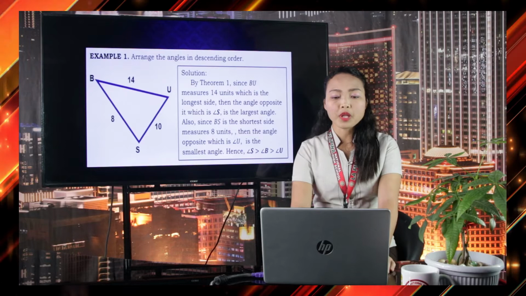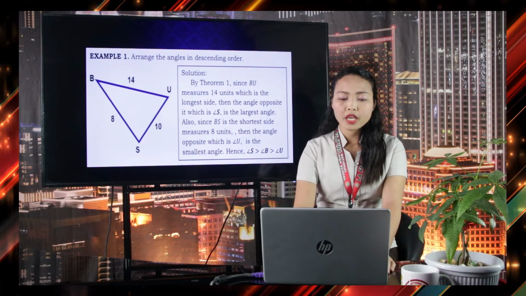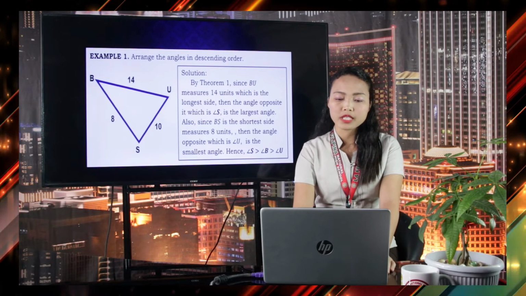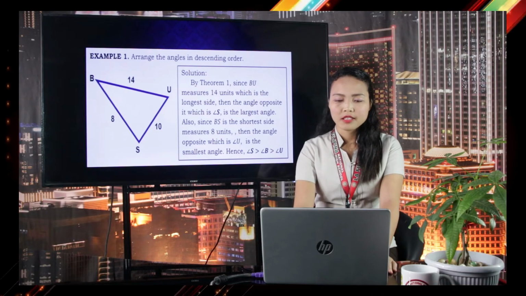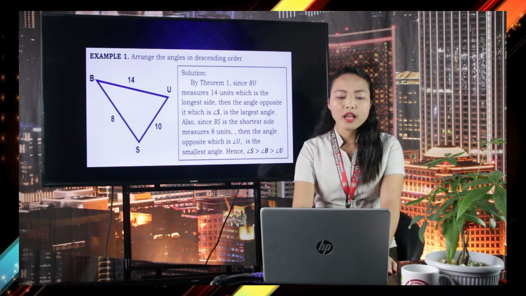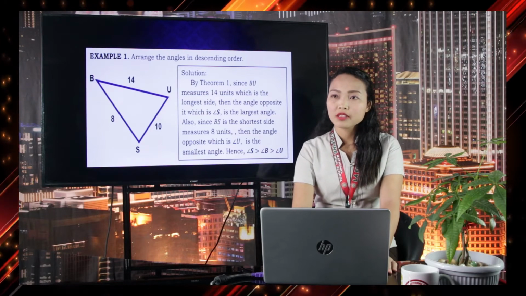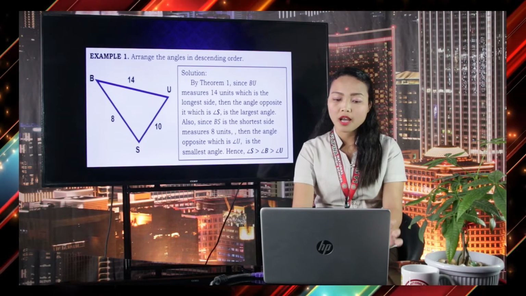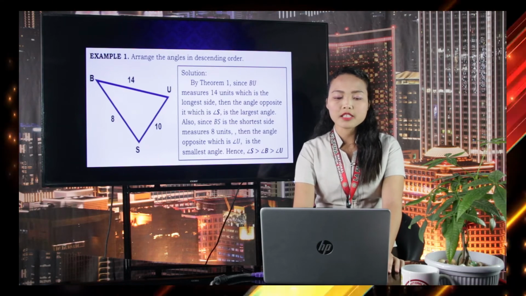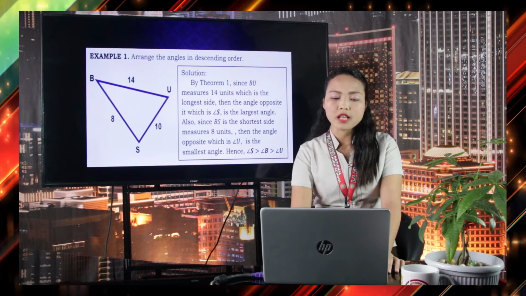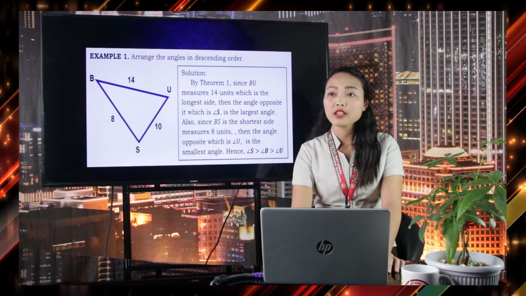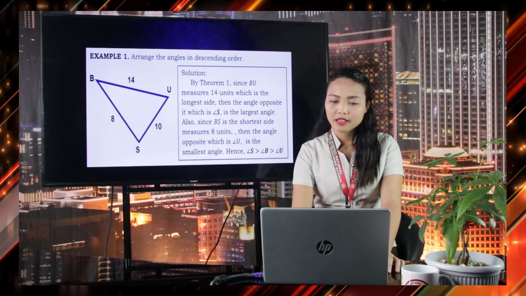By theorem number 1, BU measures 14 units, which is the longest side. Therefore, the angle opposite the longest side, line segment BU, is angle S, which is the largest angle.